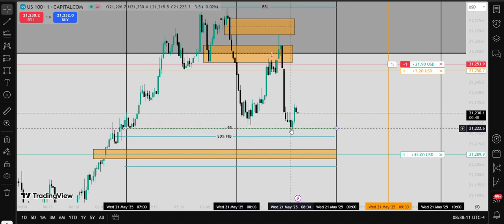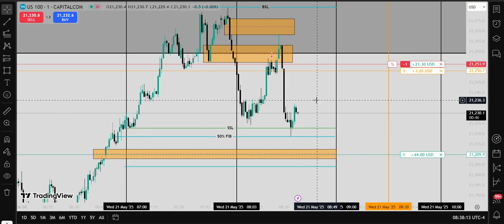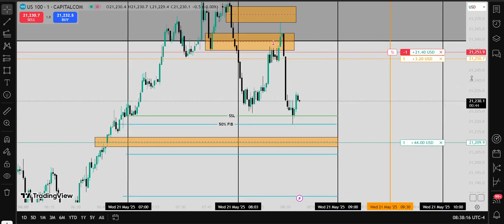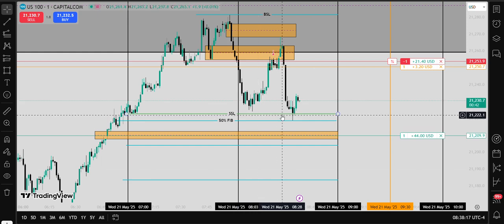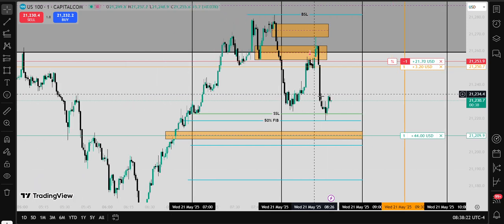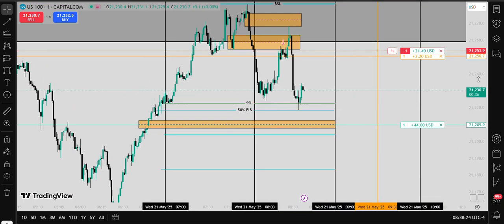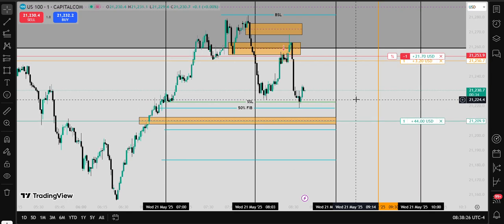So actually my take profit should have been here. But if you look keenly, since the sell side liquidity has already been taken, what is the narrative of this market going higher?